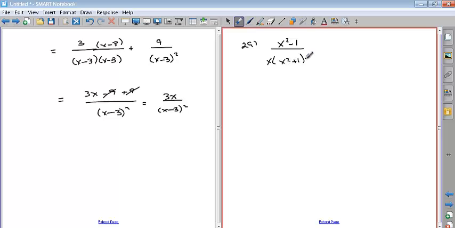The answer would be plus or minus i, if you did it, a complex result. So when you have a linear factor, you take the constant a and divide by that linear factor. And then as far as the quadratic factor, you take bx plus c. So that's how we want to break it up.